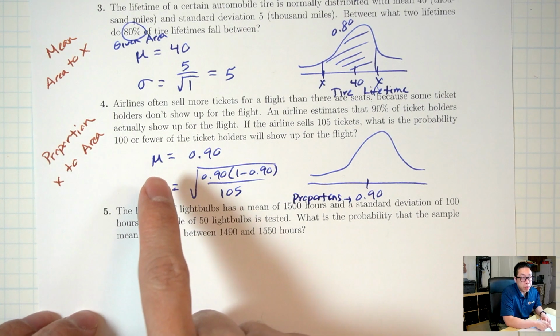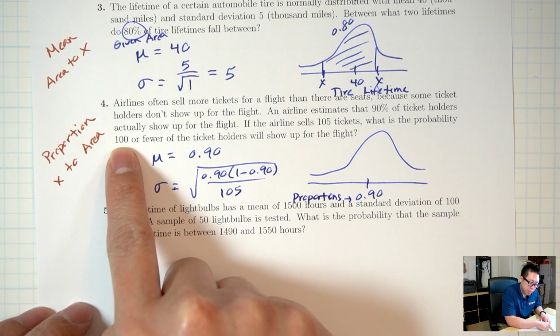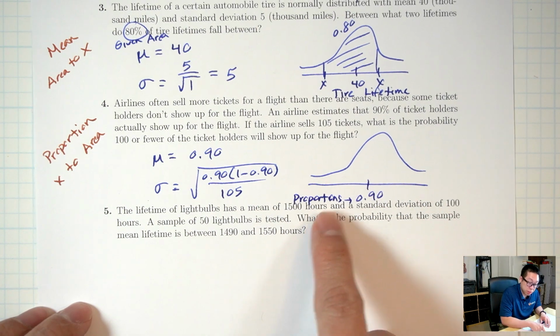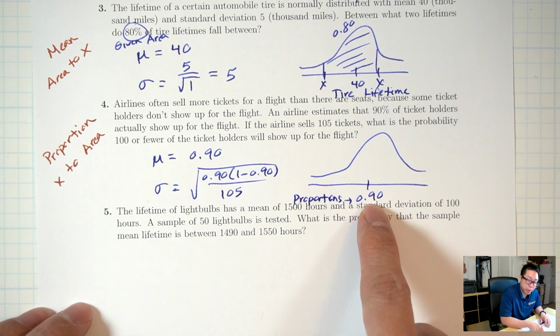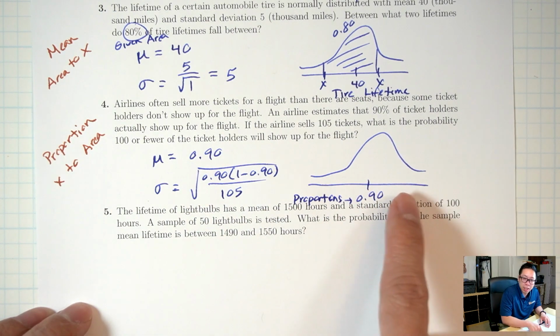Okay, so I know this is fewer. This is going to be shaded to the left. 100, is that an x that goes on the x-axis? No, right? Our x-axis is proportions. They should be decimals, like this 0.90. That 100 is a whole number. So that can't be right to put on the x-axis.